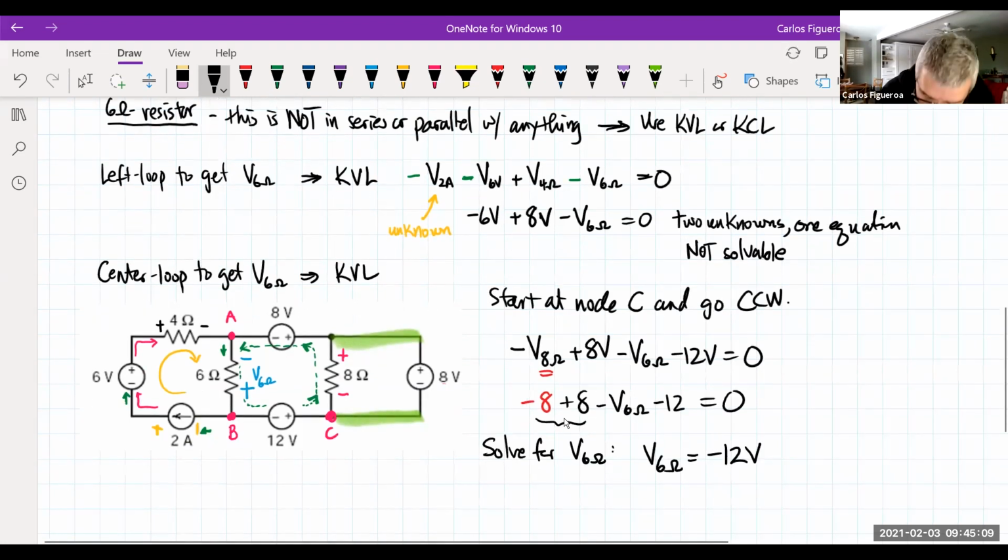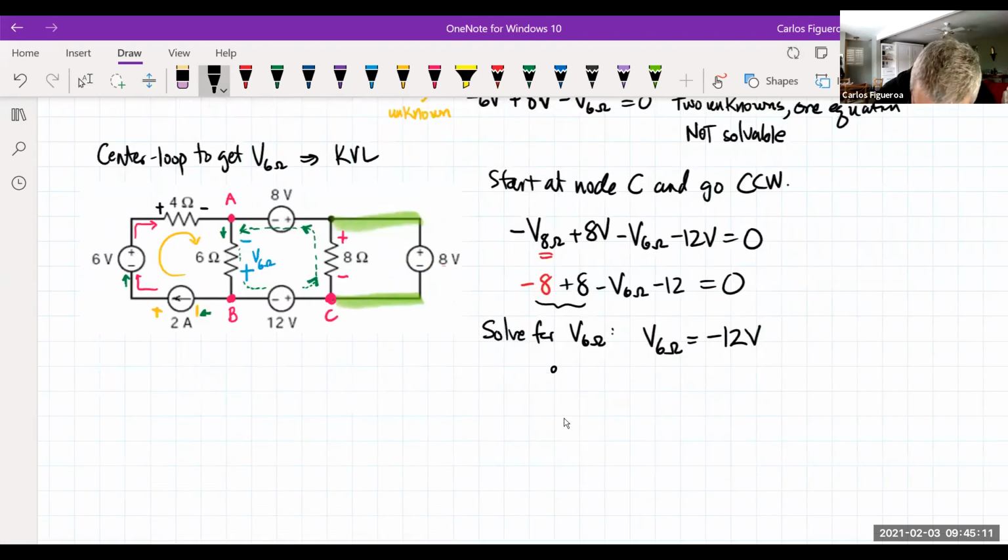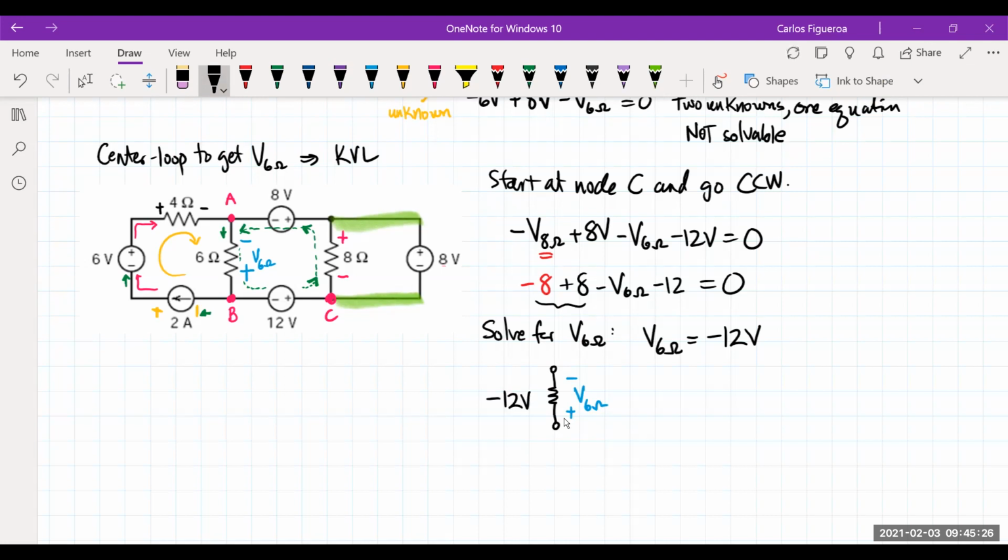Wait a minute. That tells me that if I look at this resistor, I defined my polarity here for this guy to be like this, but I'm getting a value now of what? Minus 12 volts. So what did KVL just tell me? It says, oh, the polarity is opposite.